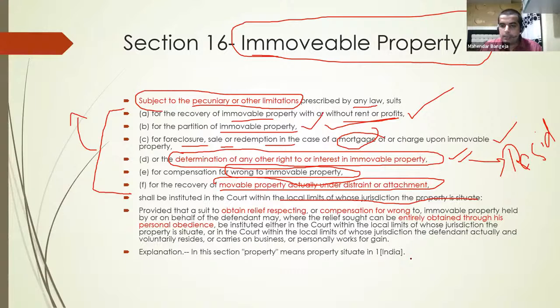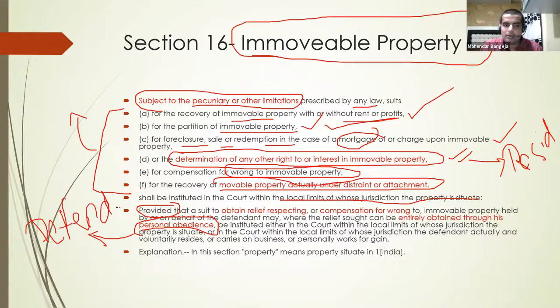Yes. Now there is a small hinge to this section, which is the proviso. Now the proviso says when there is a case of personal obedience, when a relief can be obtained through personal obedience, then you can file a suit even where the defendant is residing, personally working for gain, or carries on the business.